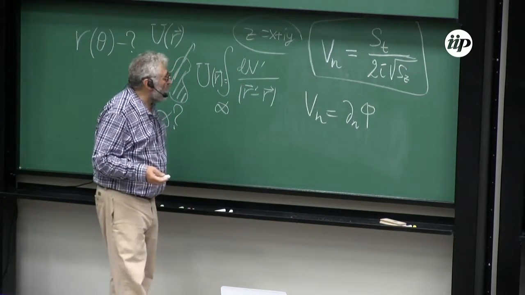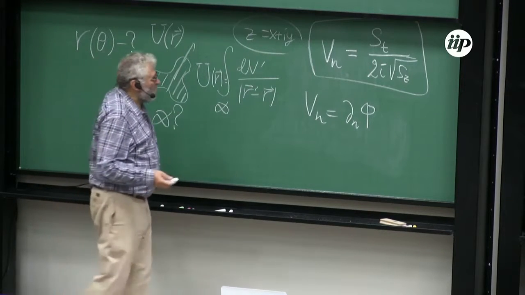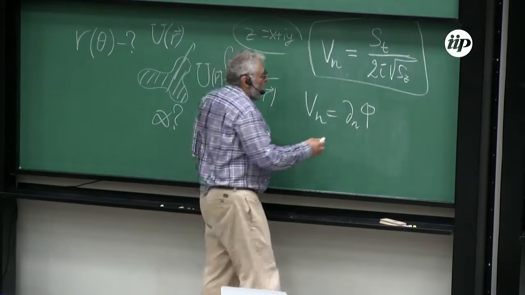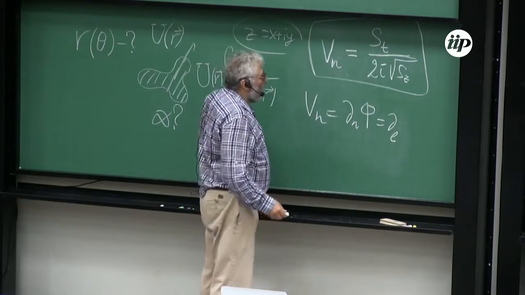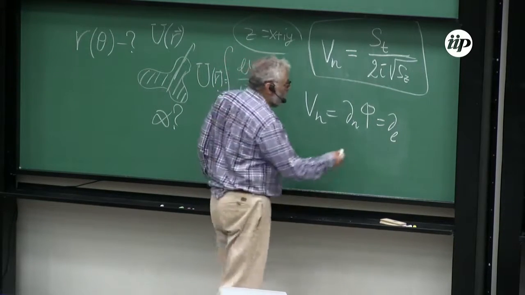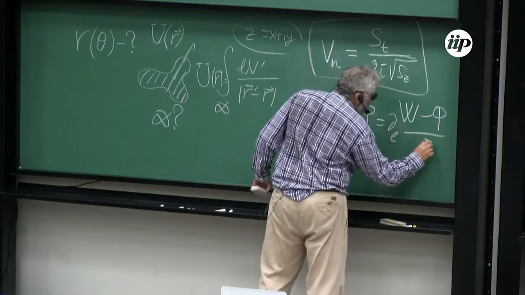Normal derivative of a potential. By virtue of Cauchy-Riemann, it's the tangential derivative of the harmonically conjugate function, which is this.